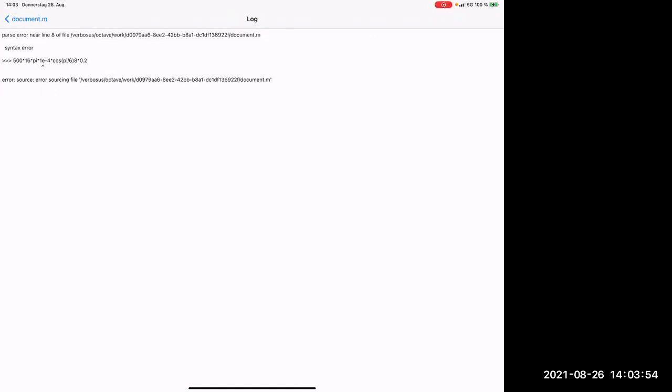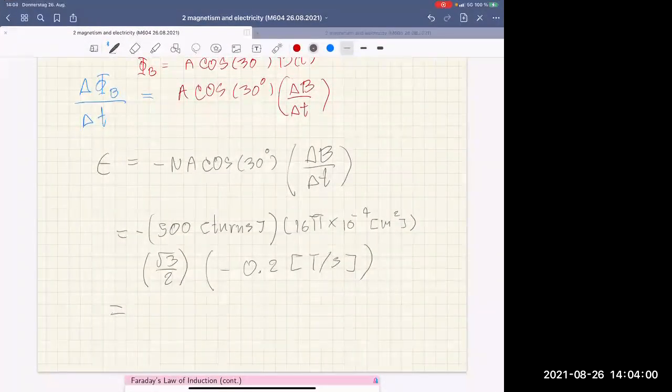Never mind, I'll calculate on a calculator outside. 500 times 16 times pi times 1E minus 4 times cosine pi by 6 times 0.2, we get 0.4353118. And the unit for that is going to be volts, right?